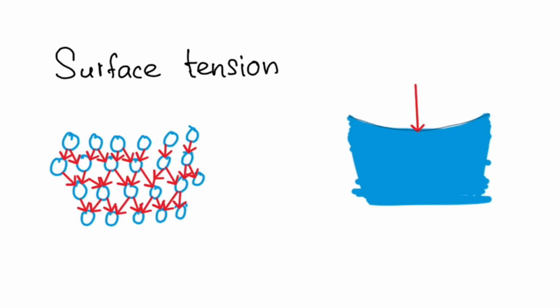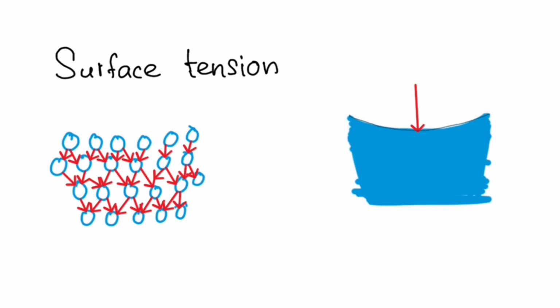This is because the cohesive forces from the hydrogen bonds are higher than the forces from the upper air layers. This force is a tension on that uppermost layer, that is called the surface tension.